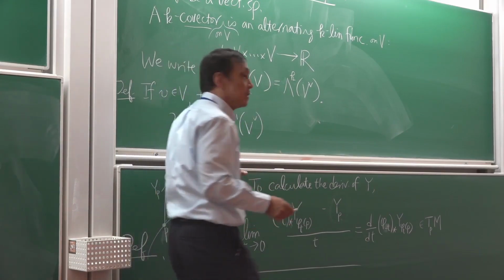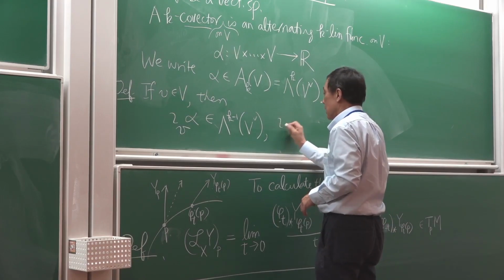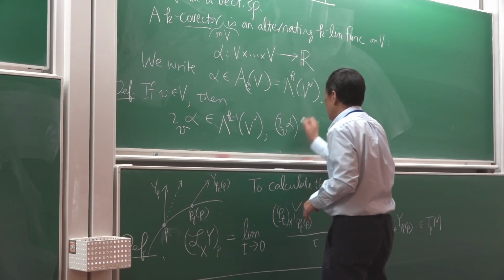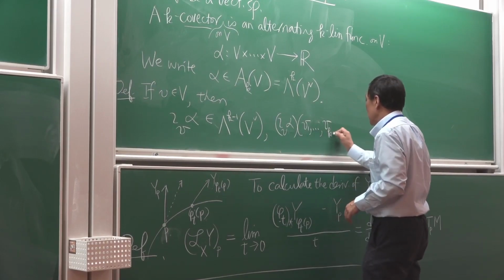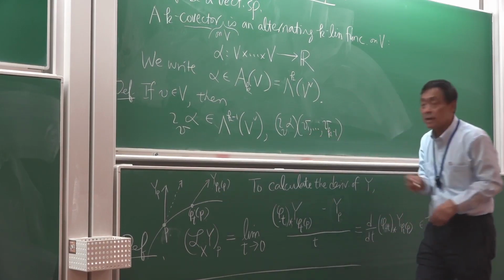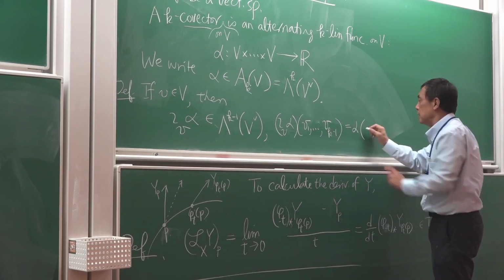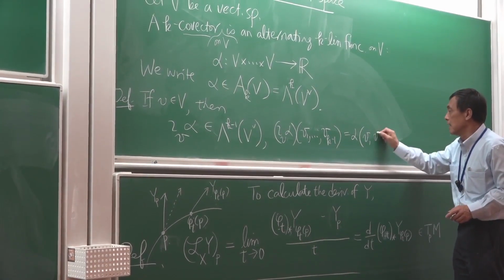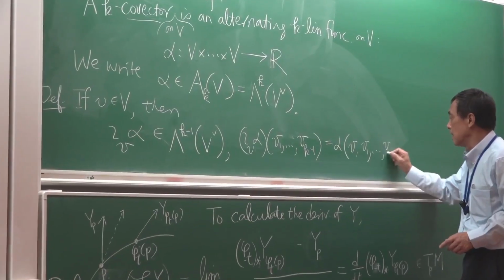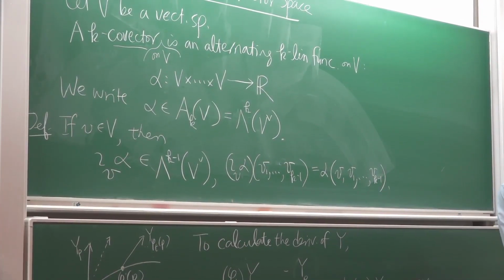Okay? And that means it takes k-1 arguments. So if you have k-1 arguments, then you just put v in the first argument. Okay, so that's the definition of interior multiplication. Okay?